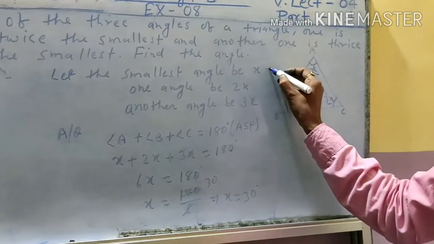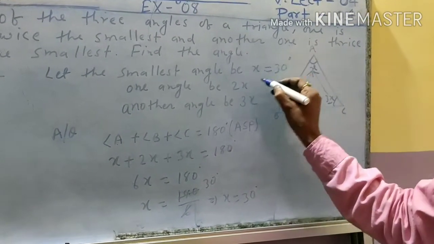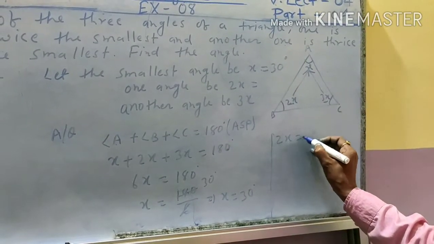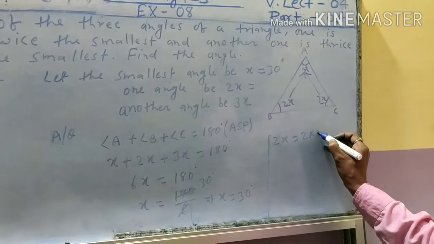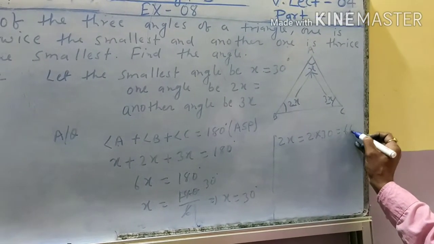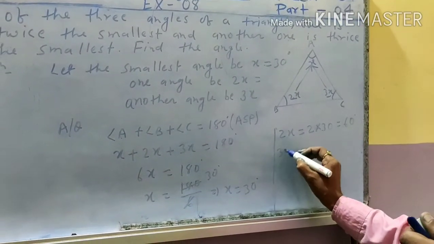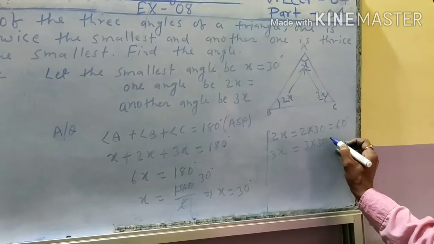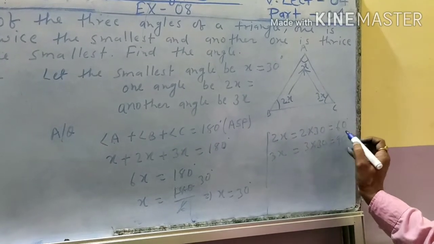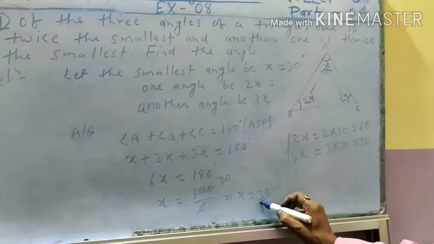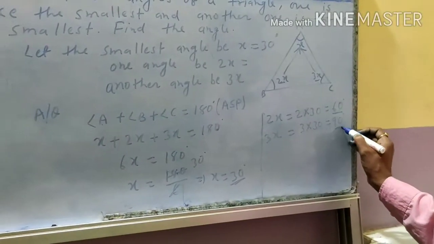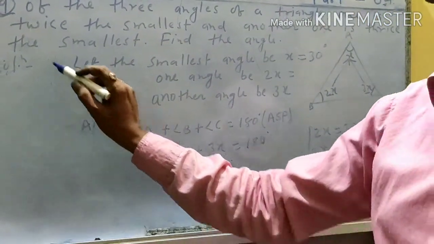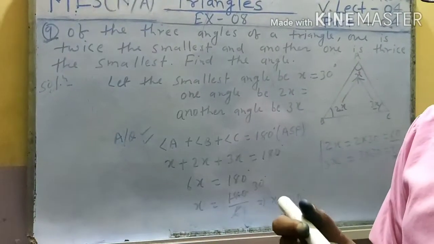So 2x is equal to 2 into 30 is equal to 60 degree. 3x is equal to 3 into 30 is equal to 90 degree. So your answer is, student, 30 degree, 60 degree and 90 degree. Okay, student. I hope this question is very easy. You will understand question number 9 also.